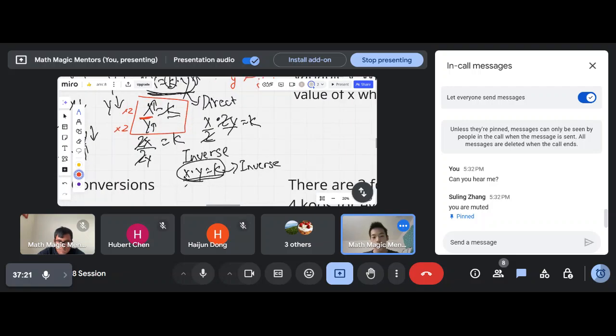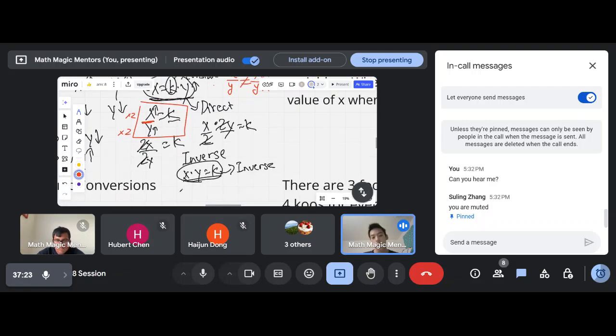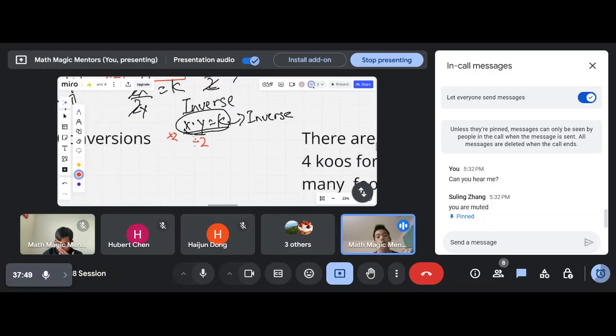We basically have a similar idea for inverse proportions. So if we increase one variable by a factor, let's say we multiply a number by 2, then we must divide the other number by 2. So if we double x, we change x to 2x.